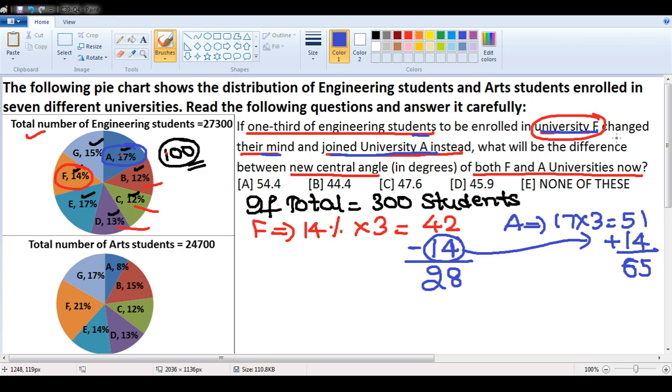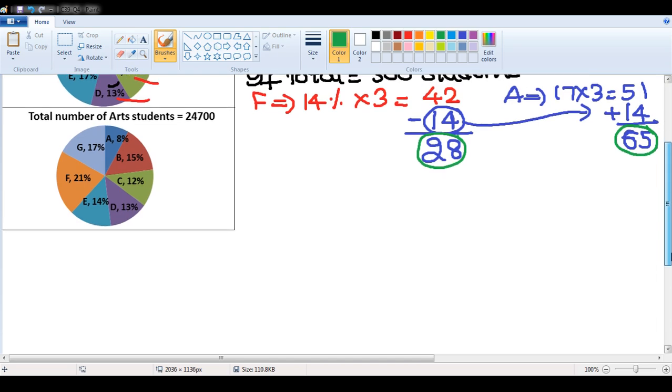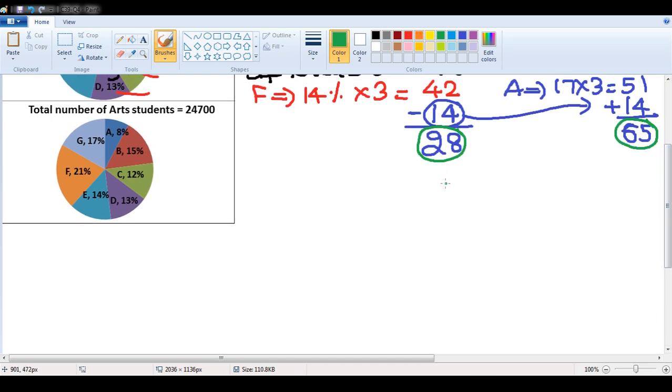Now they are asking, what will be the difference between the F and A university? According to my assumption, the difference between F and A right now is 65 and 28. The difference is 37. If there are totally 300 students, then that will correspond to a total of 360 degrees.